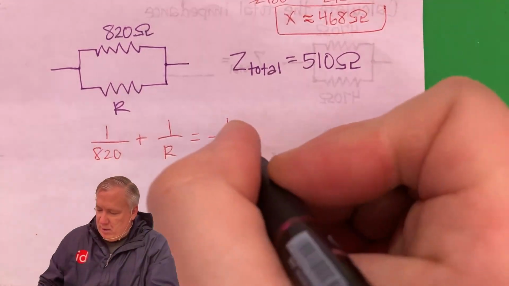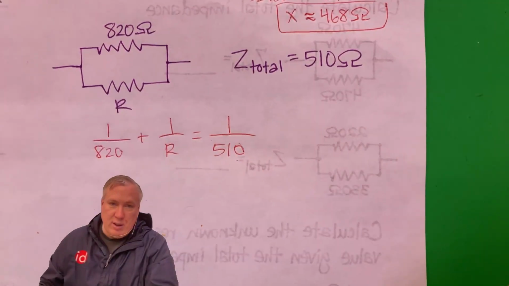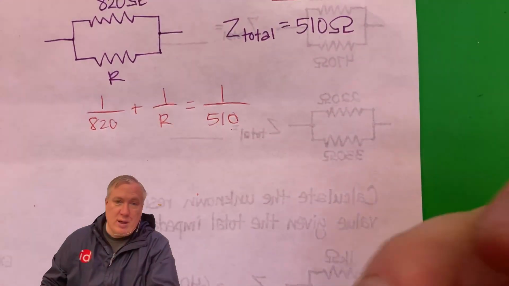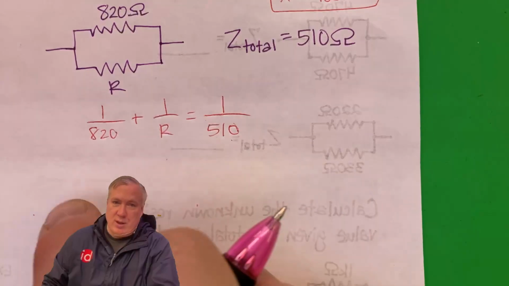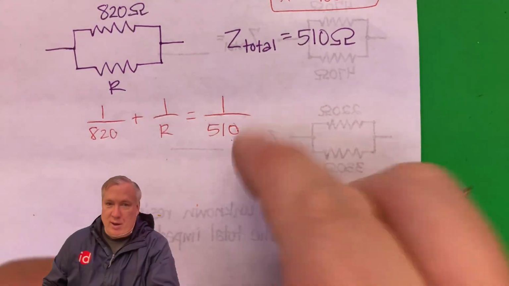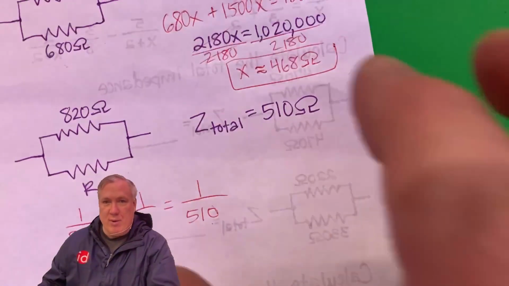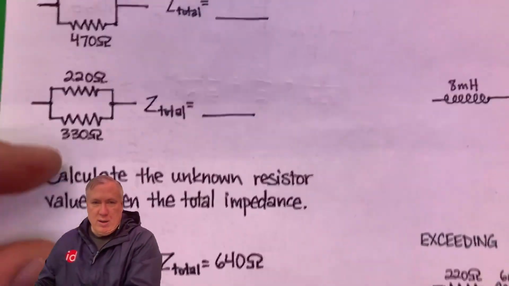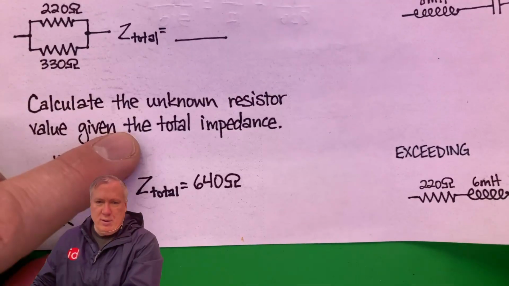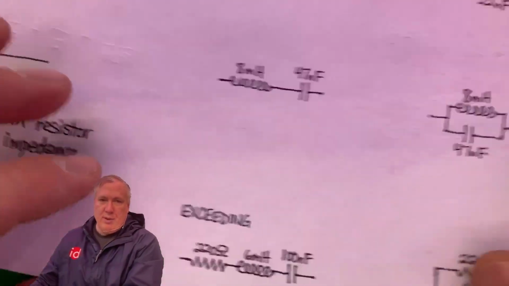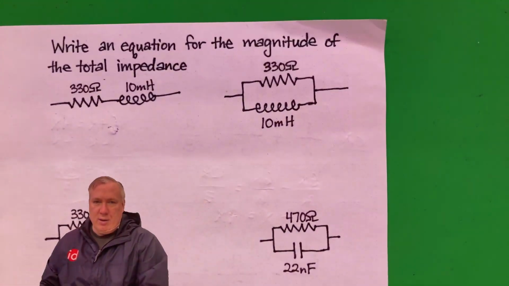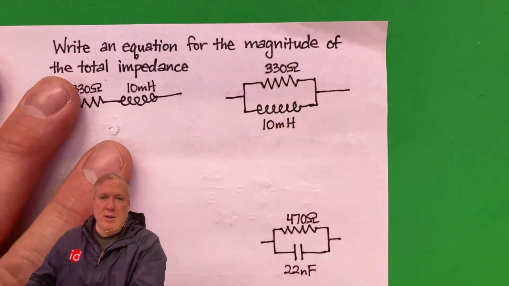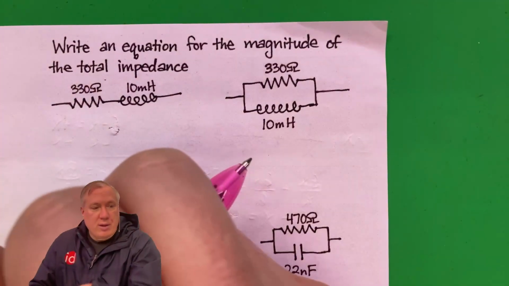So here, the thing I don't know is this resistor, so I need to calculate it. But it's a similar setup, like we've done this equation, so now I'm going to multiply by 820, by r, and by 510, do the same thing that we just did up here. All right, so at this point you can pause the video. You can do these ones and these ones, and this one. Help each other, and then when you're ready, I'm going to show you how to write the equation for the magnitude of total impedance.